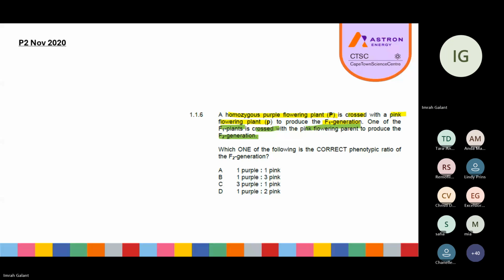We have a homozygous purple plant. That is the phenotype, and that's going to be crossed with a pink plant. They say that the purple plant is homozygous, so we know capital P, and that's crossed with a pink plant.